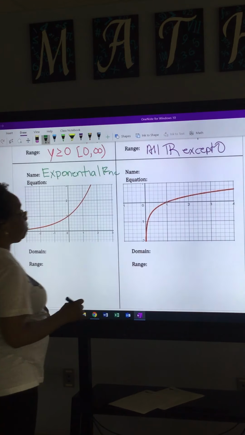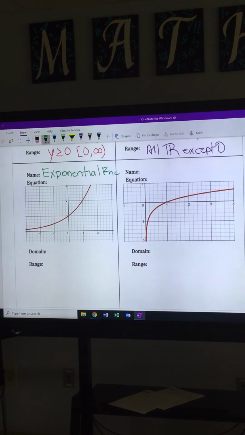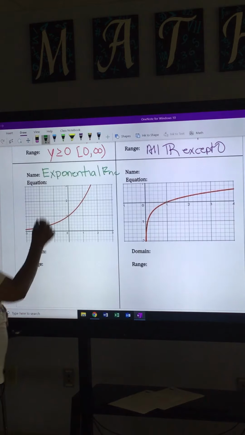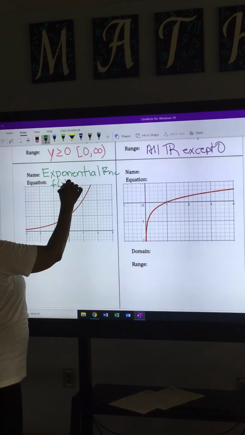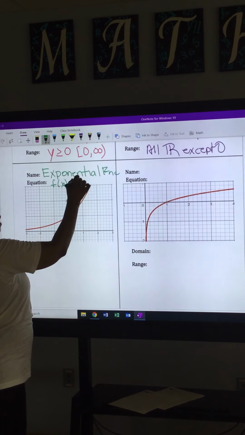Now, your equation on this one is going to be f of x equals 2 to the x power.